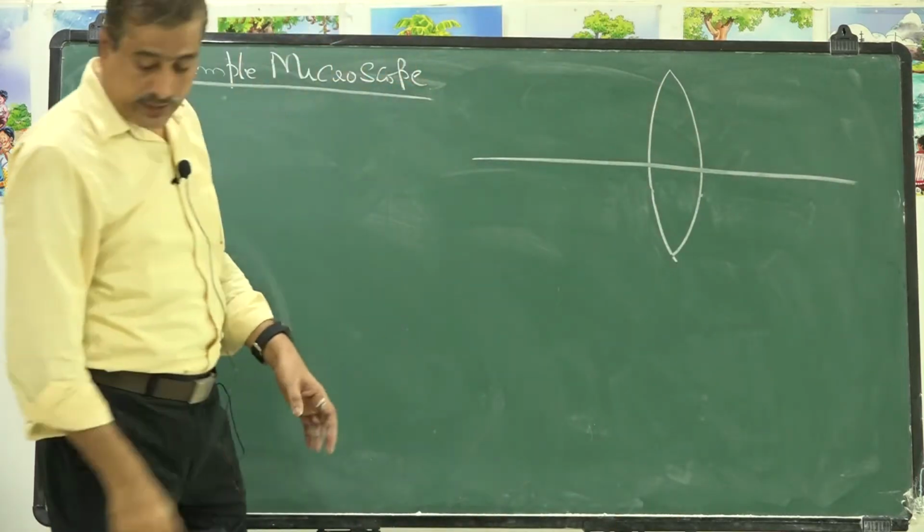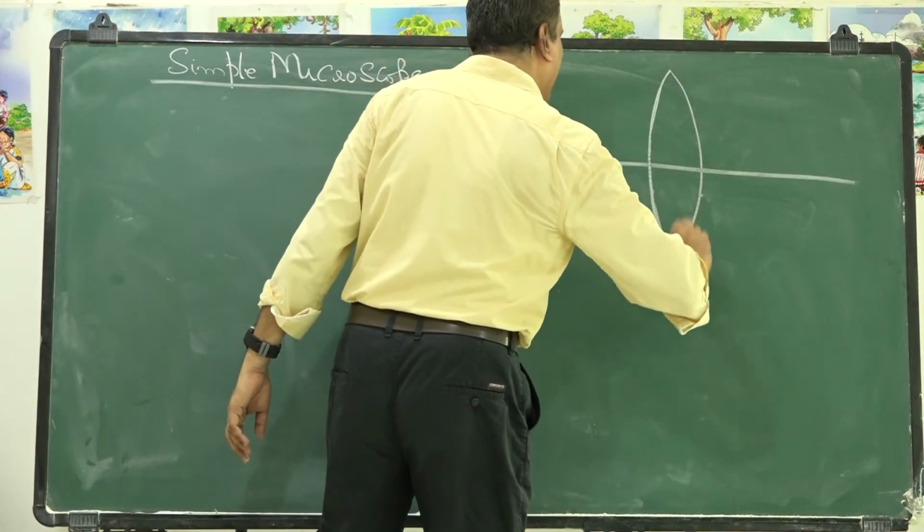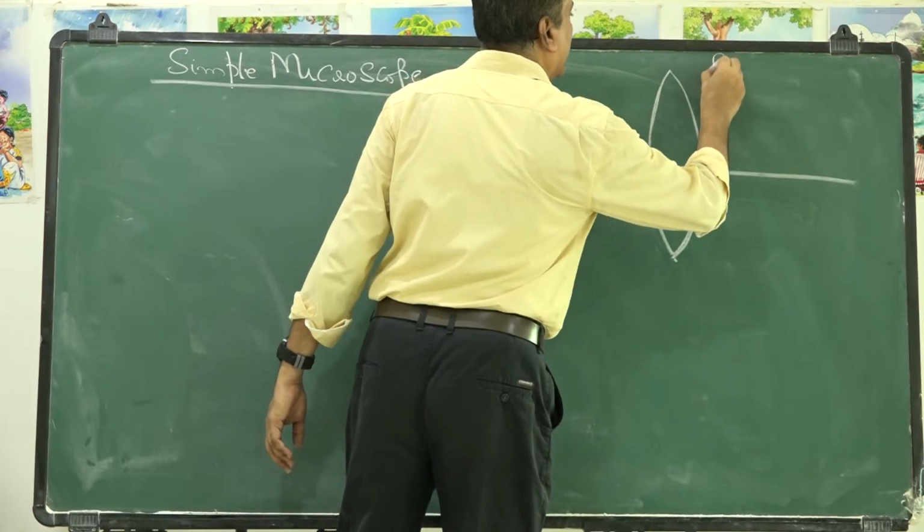Now, this is the convex lens of the simple microscope. Assume that its focal length is f.